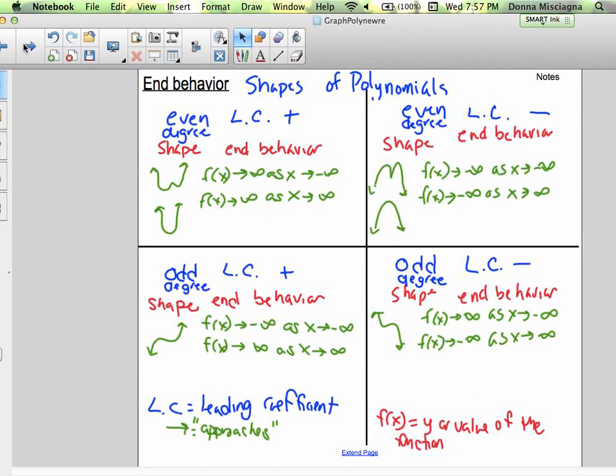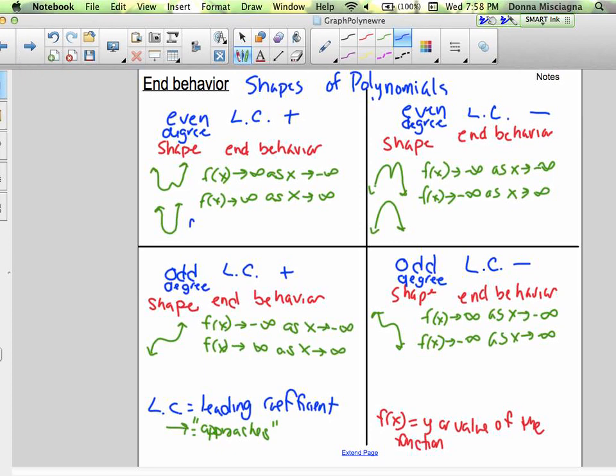Let's start in the upper left corner. Even degree, leading coefficient is positive, right? So we have essentially two shapes. A U shape, so this would be, and if you want we'll write a little equation for it. All right, so the one that's a U shape, right?